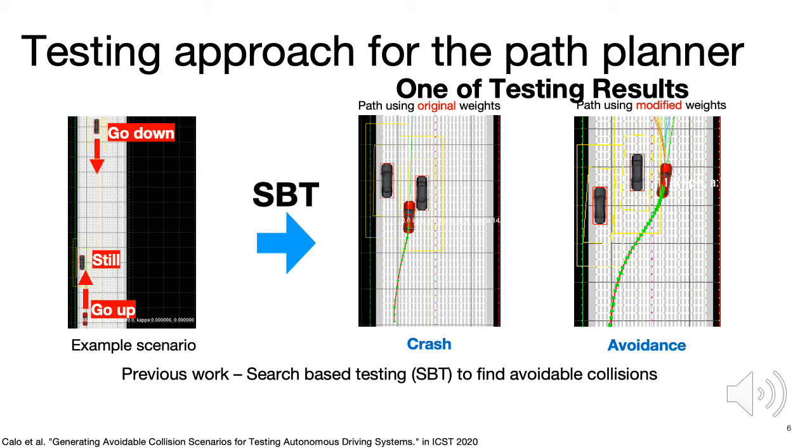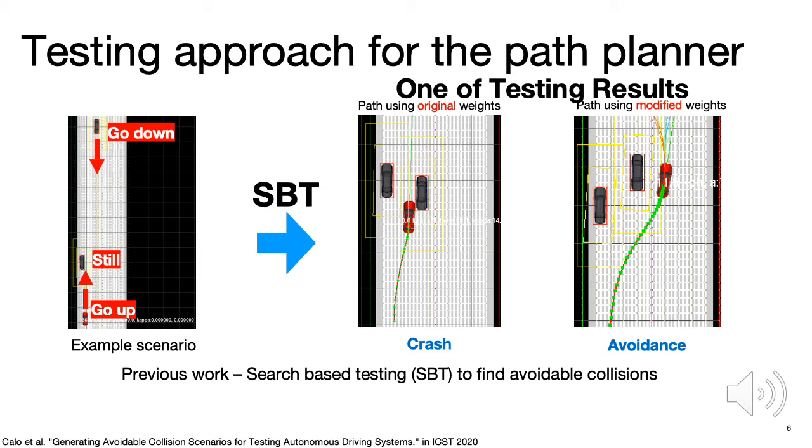As for the testing approach, previous work has proposed a search-based testing approach for the path planner. It is able to find avoidable collisions, which consist of two things: collision scenarios and the corresponding weights that can make the car avoid the collision. Let's take this scenario as an example.